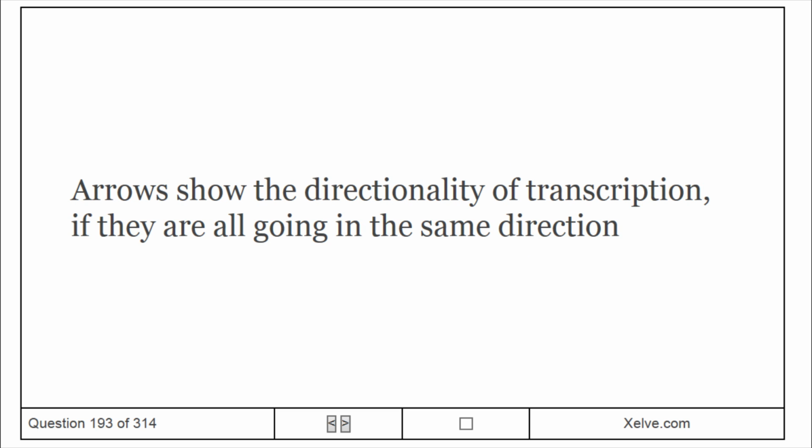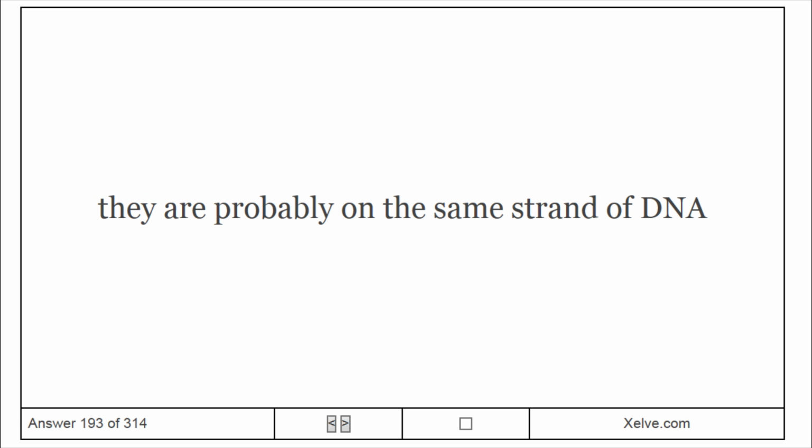Arrows show the directionality of transcription. If they are all going in the same direction, they are probably on the same strand of DNA.